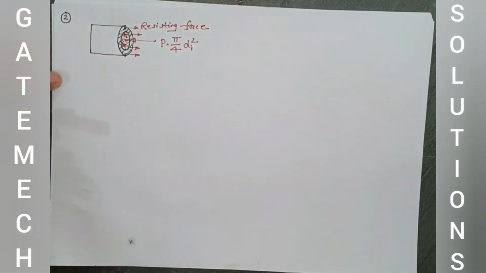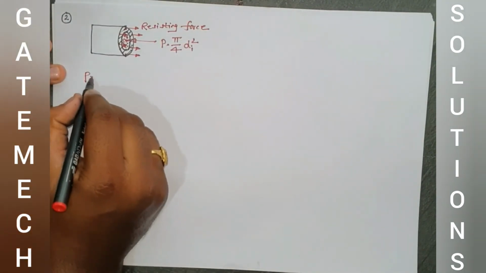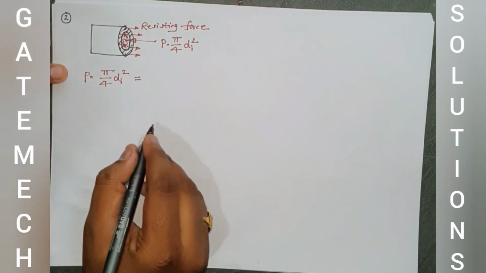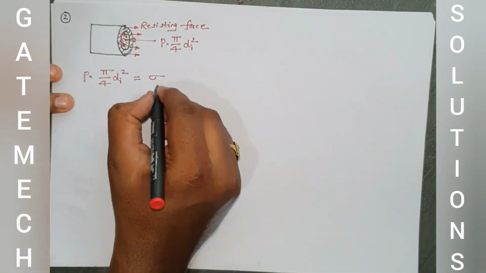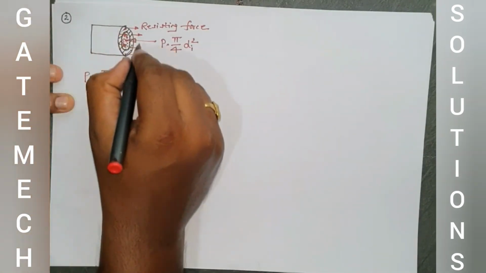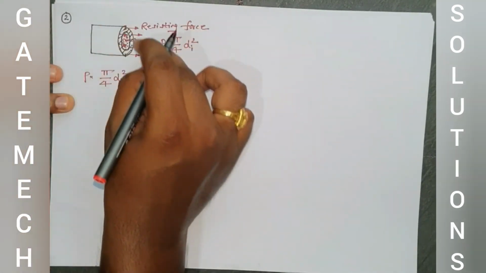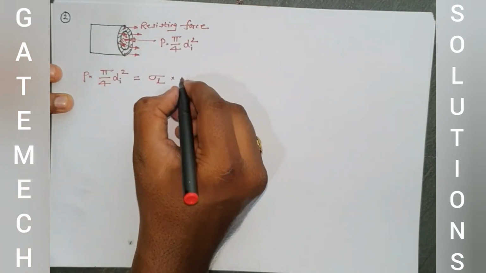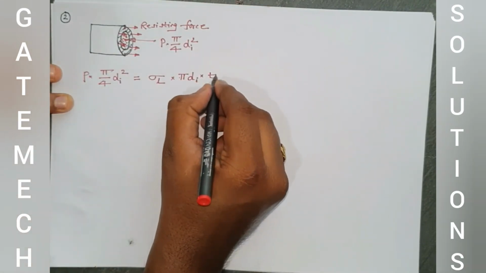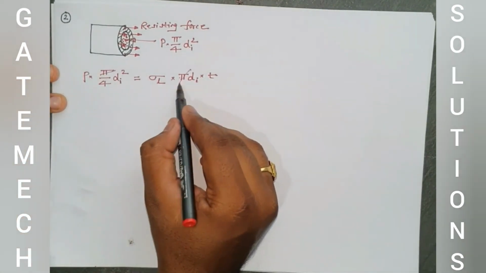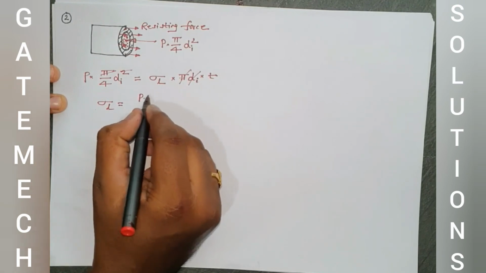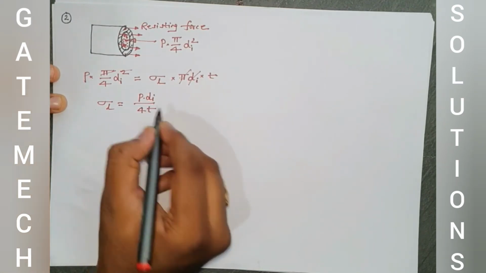For equilibrium condition, these two must be exactly equal: P multiplied by pi by 4 Di square should be exactly equal to resisting force, sigma L multiplied by area. This area is given as length of circumference multiplied by thickness. So pi Di is the circumferential length multiplied by thickness. From this formula, pi gets cancelled out, inner diameter gets cancelled out. Sigma L you will get as PD divided by 4 times T.